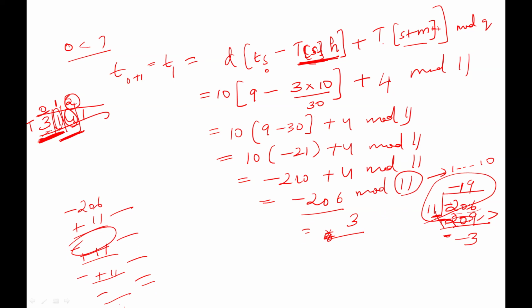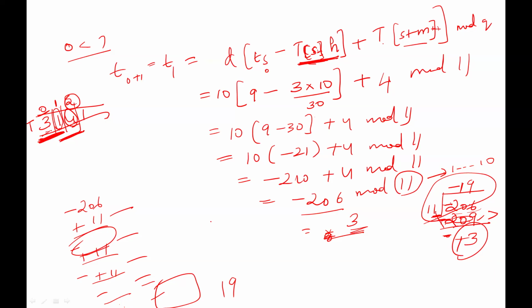Repeated addition is the same as multiplication, right? So adding 11 till you get a positive value is the same thing that we're doing here. When we add 11 18 times, we still get a negative value. That is the meaning of it. But when you add 11 the 19th time, you will get a positive remainder of 3. Okay, so 3 is the answer.